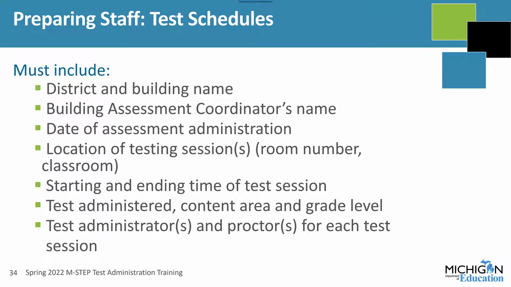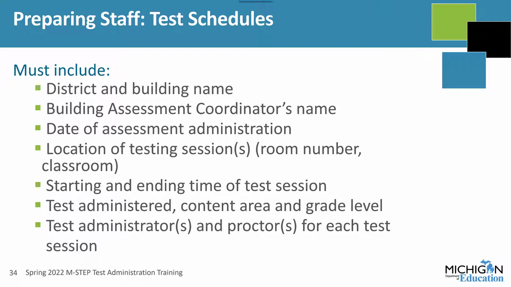Buildings and districts must retain test schedules as described in the updated Assessment Integrity Guide. It is possible that a testing schedule may be requested by MDE staff if relevant when working to resolve an incident report.